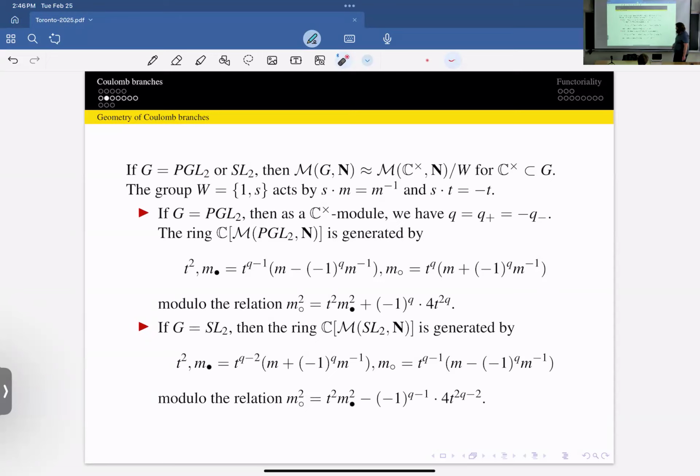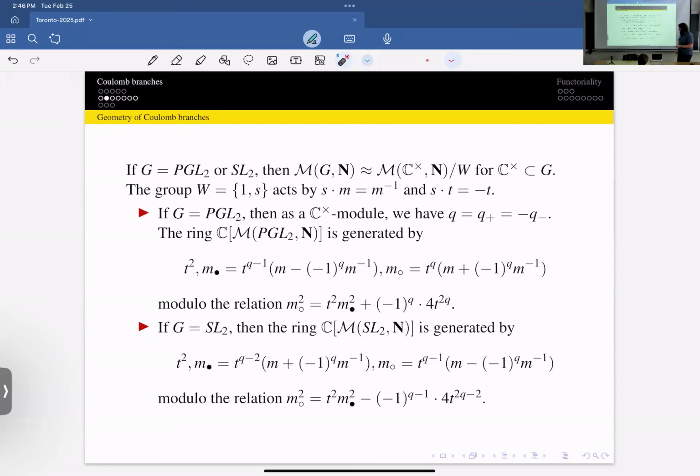And then this is the dressed monopole operator, dressed by T. Roughly what happens is the smallest co-weight in SL_2 is twice the smallest co-weight in PGL_2.